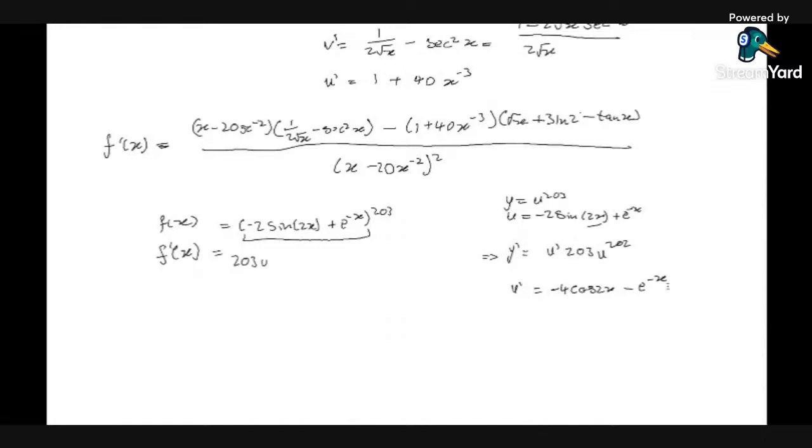So just put in negative 2 sine of 2x plus e to the power of negative x, to the power of 202, times negative 4 cos of 2x minus e to the power of negative x. So this is basically times the whole thing. Is that what you get?